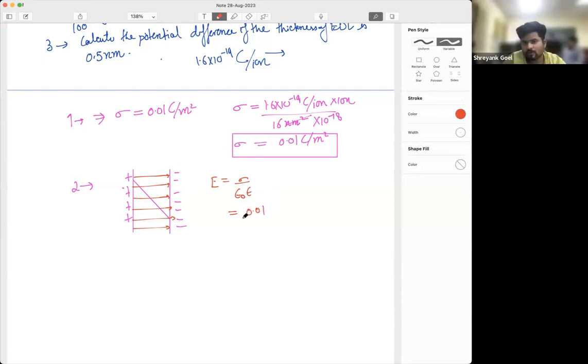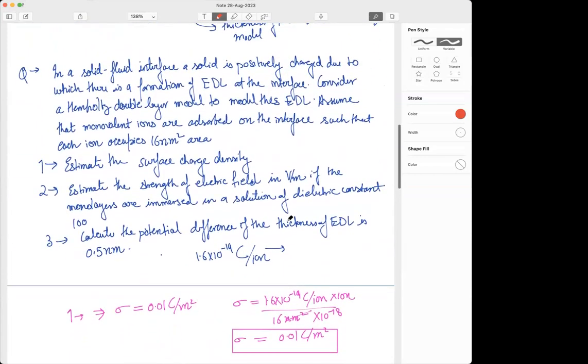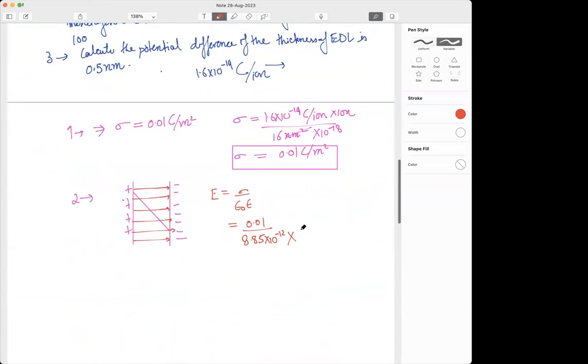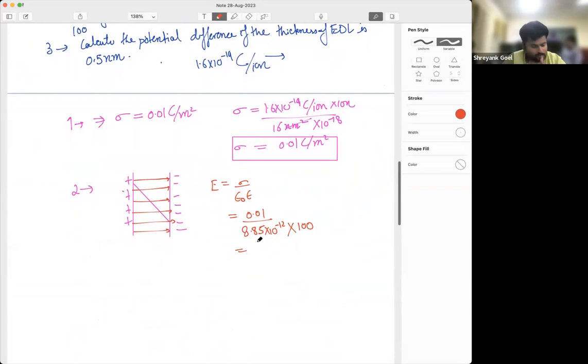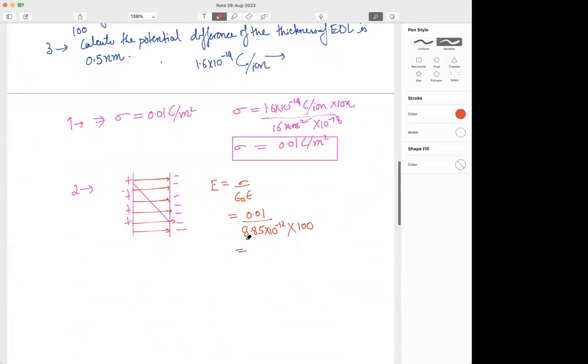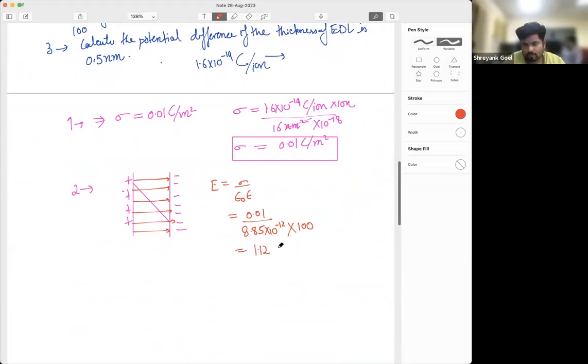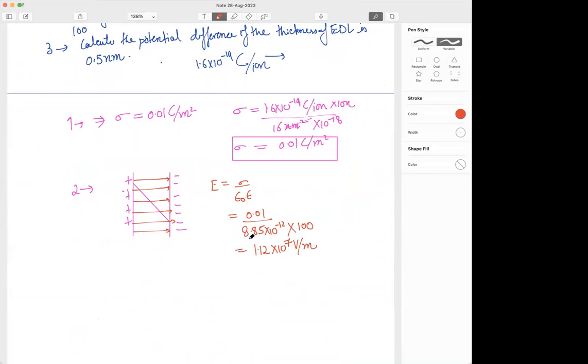That is 0.01 divided by 8.85 into 10 to the minus 12, into 100. What do you get after solving it? 1.127 into 10 to the power 7 volt per meter. Correct? Yes, sir.